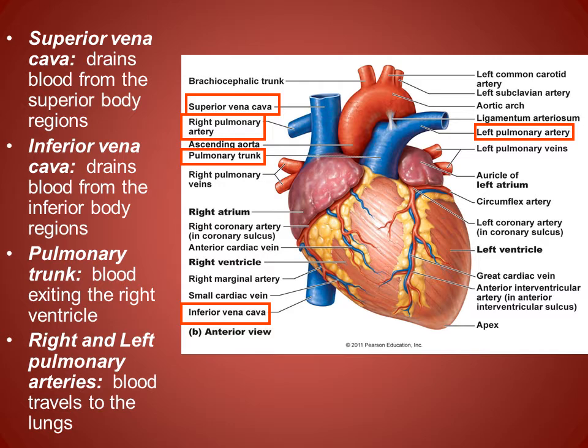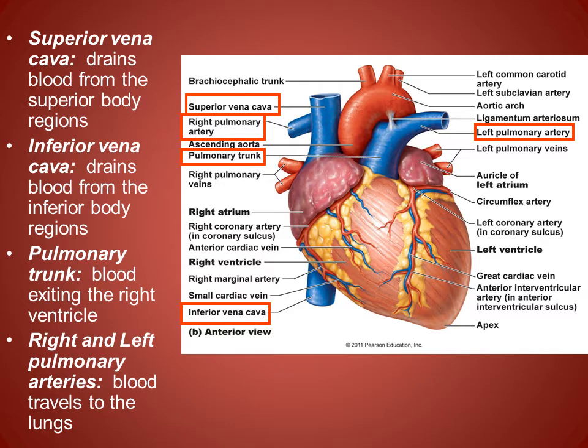The pulmonary trunk is carrying blood coming from the right ventricle, and it is going to bring it to the lungs. Now, your veins are returning blood to the heart, arteries are moving blood away from the heart. The pulmonary trunk is carrying deoxygenated blood.